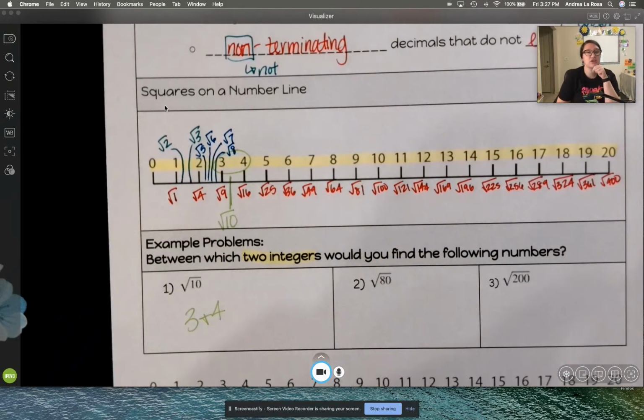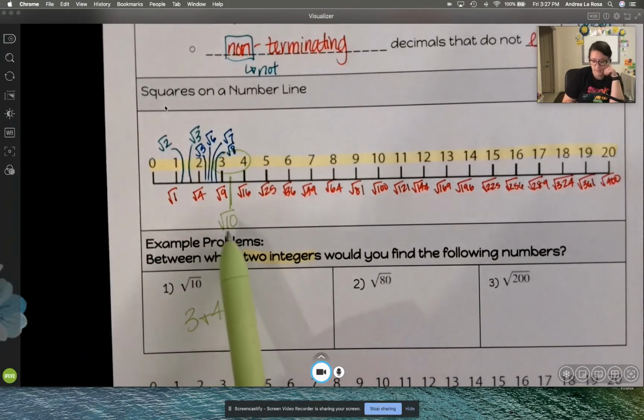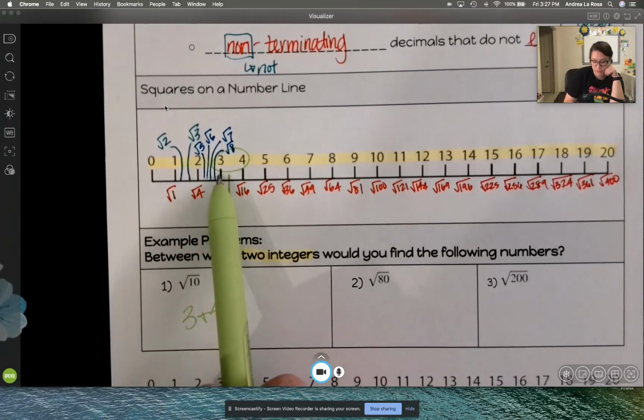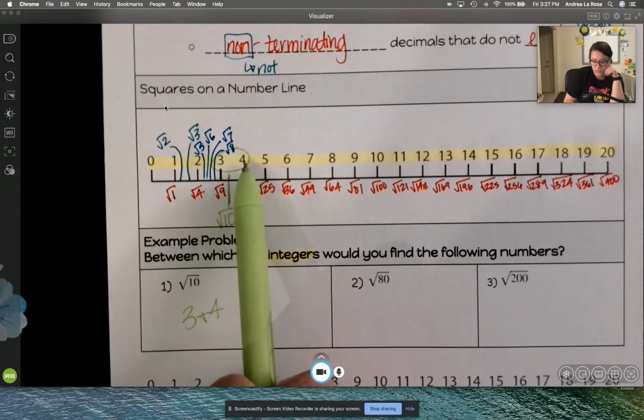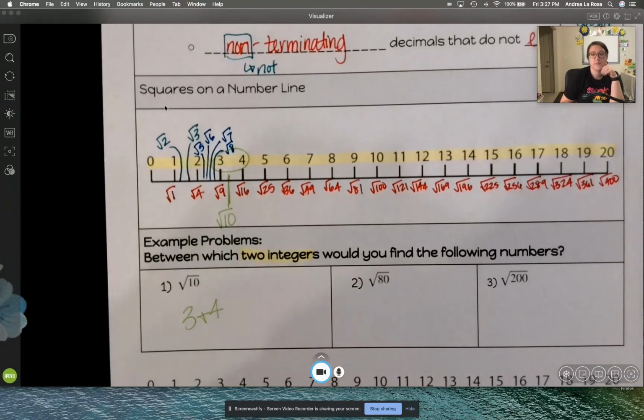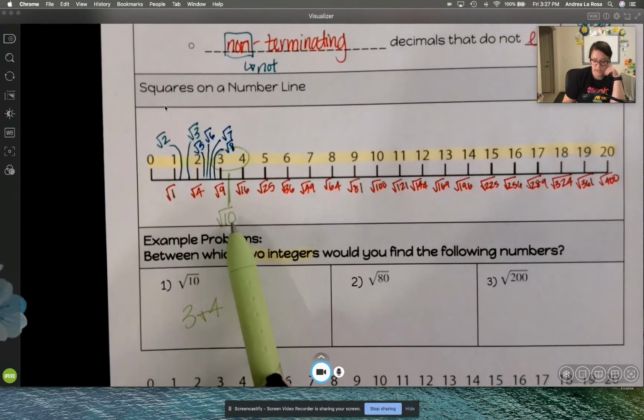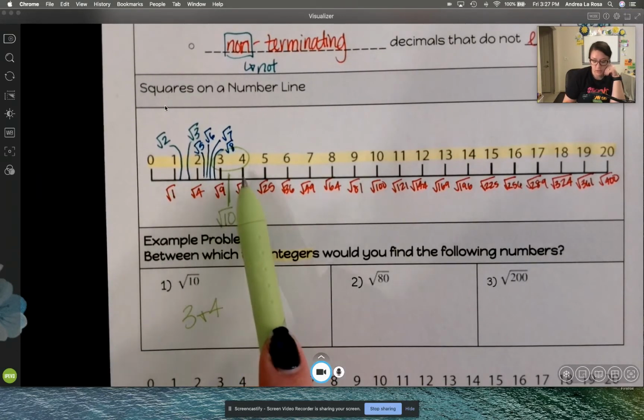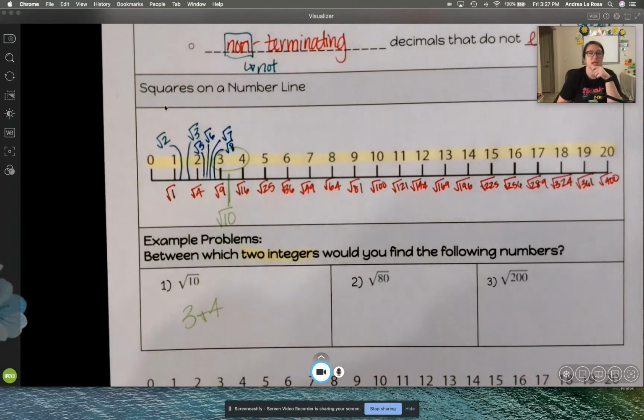This is another extra question I want you to think about to see if you can figure it out on your own. Do you think the square root of 10 is going to be closer to 3, or closer to 4? And why? Take a second. When you have your idea, give me a little light bulb on the top of your head.